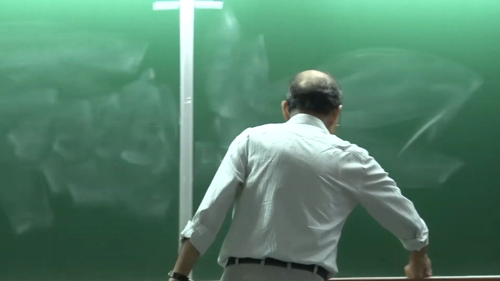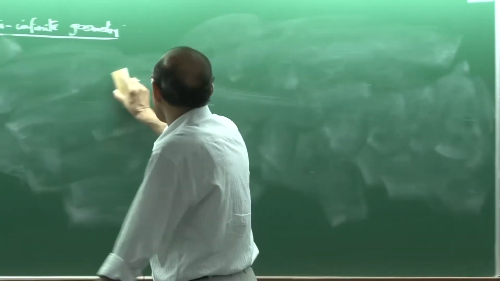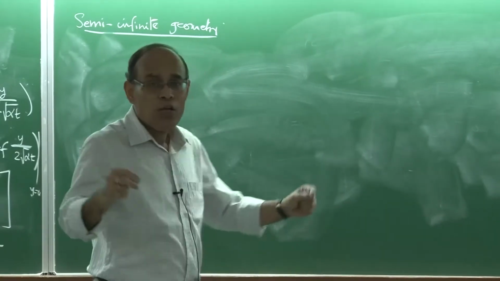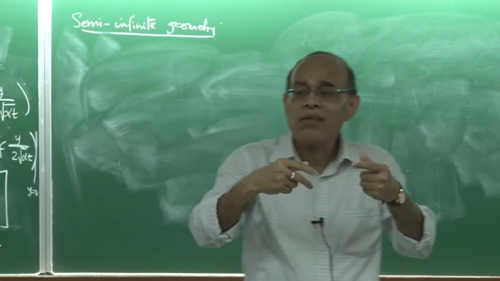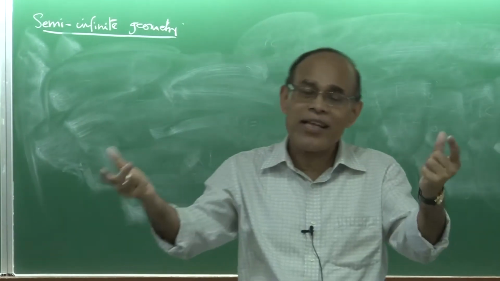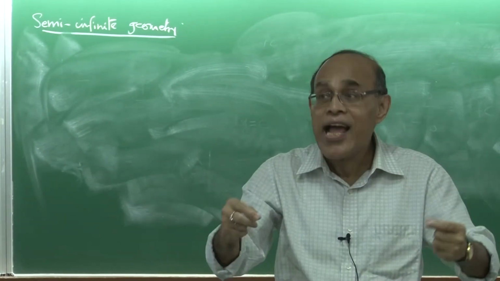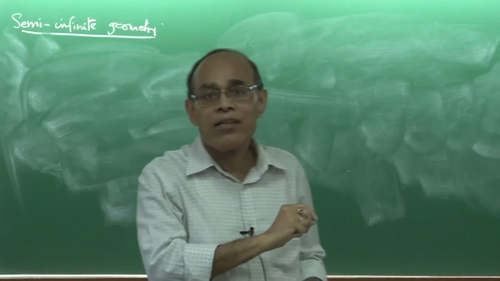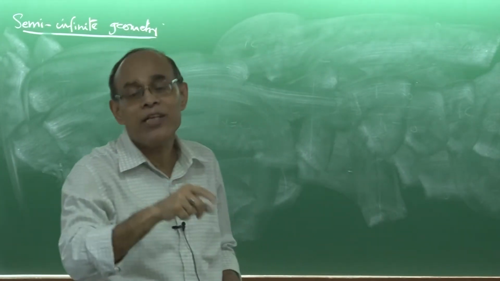There are charts available to us. Somebody has computed those summation series, or in the case of cylindrical geometry the Bessel functions, and represented the final results in terms of charts.